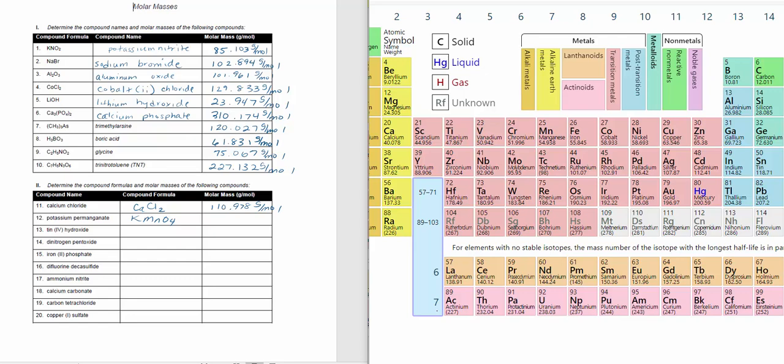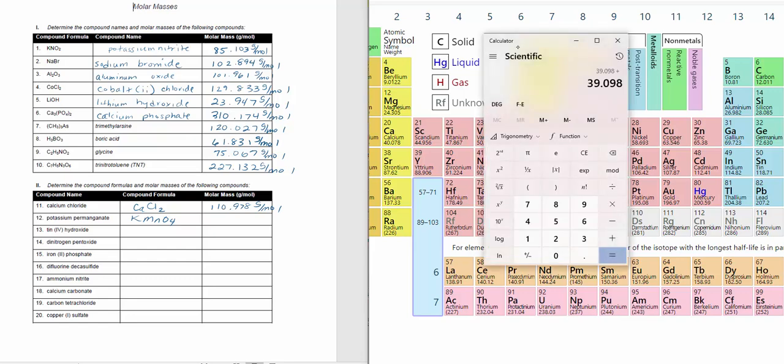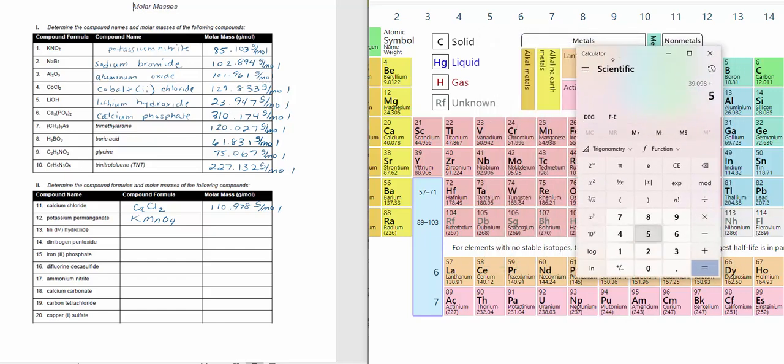Manganese is found in column 7. It's a transition metal, and it has a mass of 54.938. And then we need to add in 4 oxygen atoms, so 4 times 15.999, for a total molar mass of 158.032, and that is grams per mole.